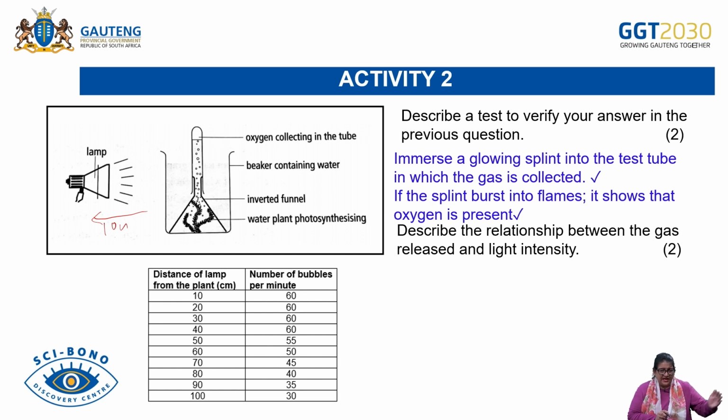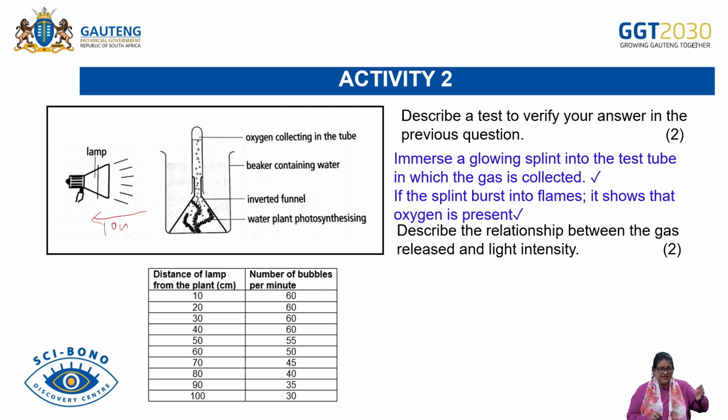But when I put it at 100 centimeters, very far, almost 3.5 rulers away from the apparatus, I get less oxygen bubbles, because they're talking about the gas released. So the further the lamp from the apparatus, the light intensity decreases, then less oxygen bubbles are produced.